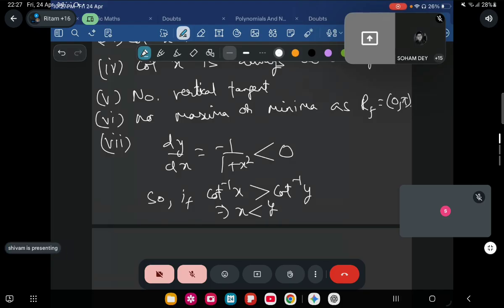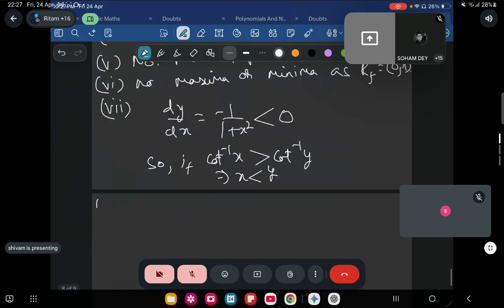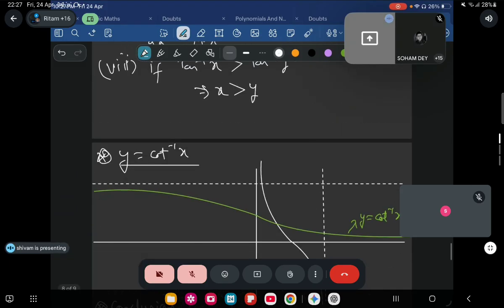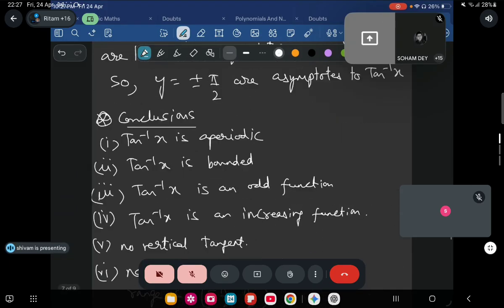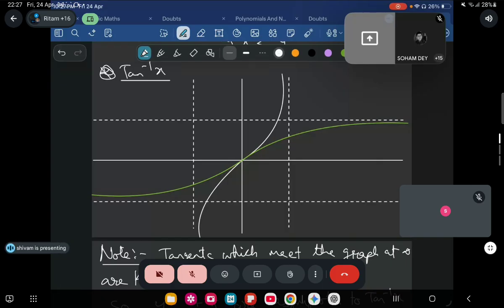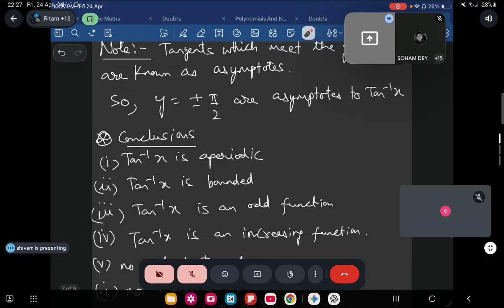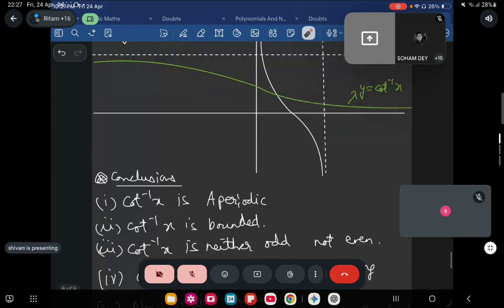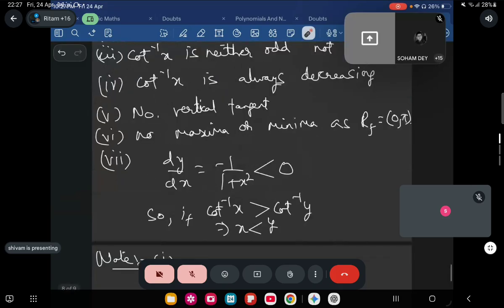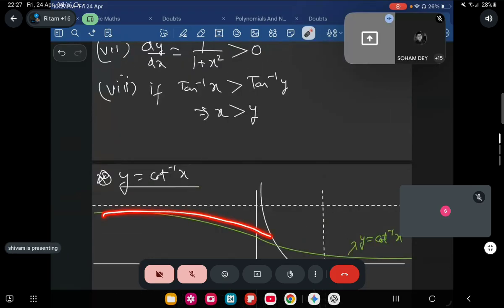Next, note number 1. You see, this tan inverse x and cot inverse x. Both the functions are monotonic.